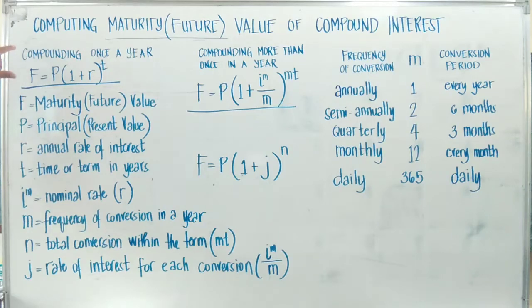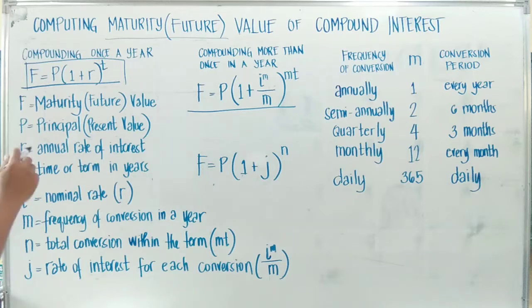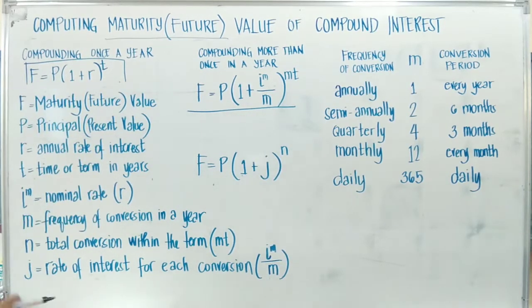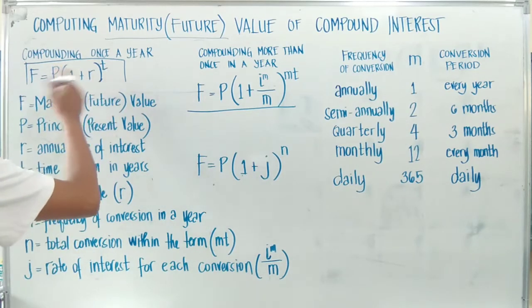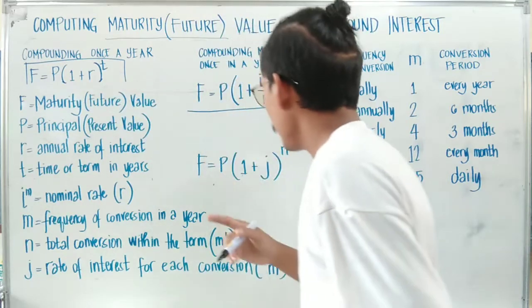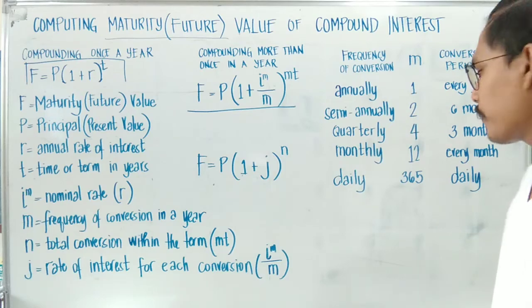So compounding once a year, we will be using this formula: F equals P times the quantity of 1 plus r raised to t. In my video about exponential functions, I've already discussed compound interest as a contextual example of an exponential function.